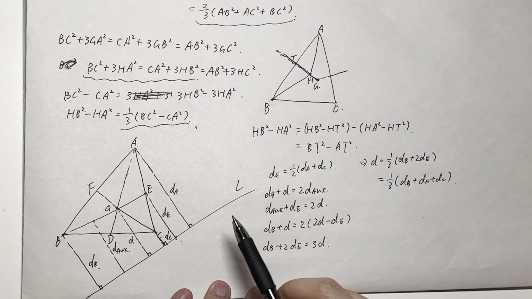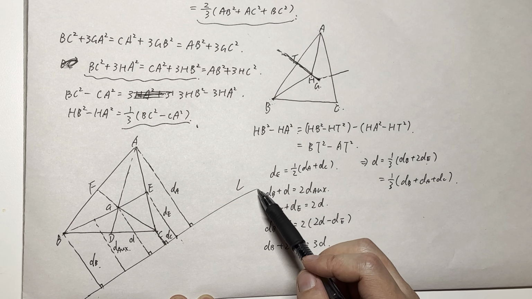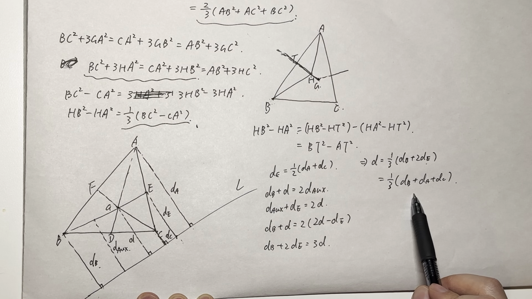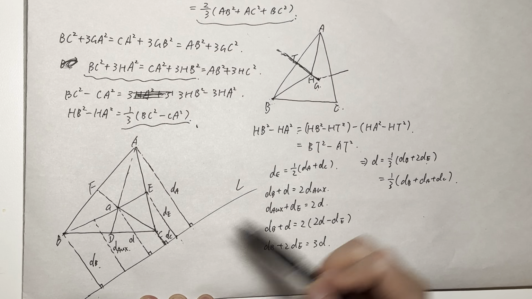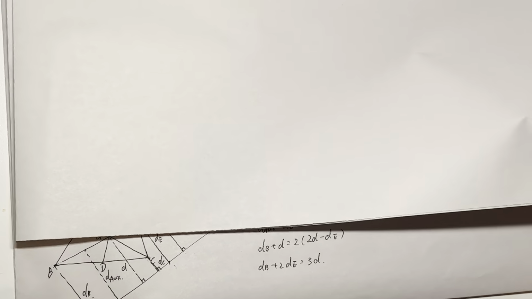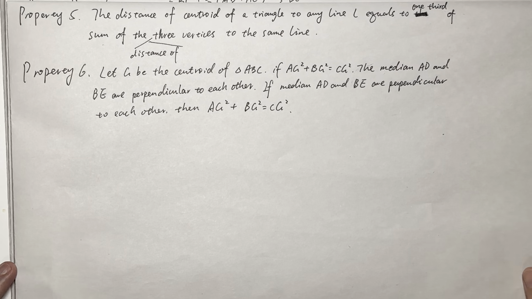That is saying the distance from the centroid to any line is 1/3 of the summation of the distances of the 3 vertices to the same line. Okay, that's property 5. And property 6.